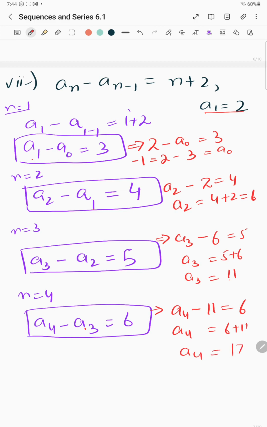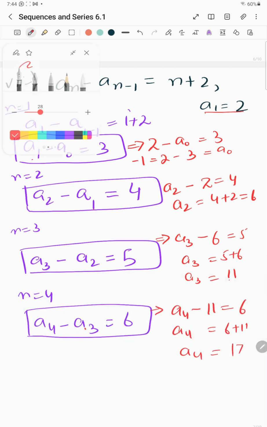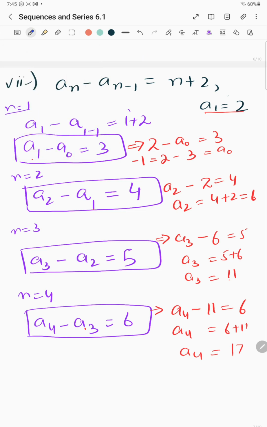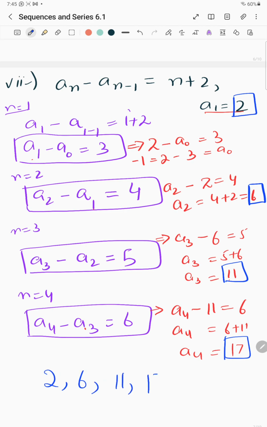So in this way we get the values of a naught, a1, a2, a3, a4. So the sequence that we have generated is a1 is 2, a2 is 6, a3 is 11, and a4 is 17. So it's 2, 6, 11, 17.